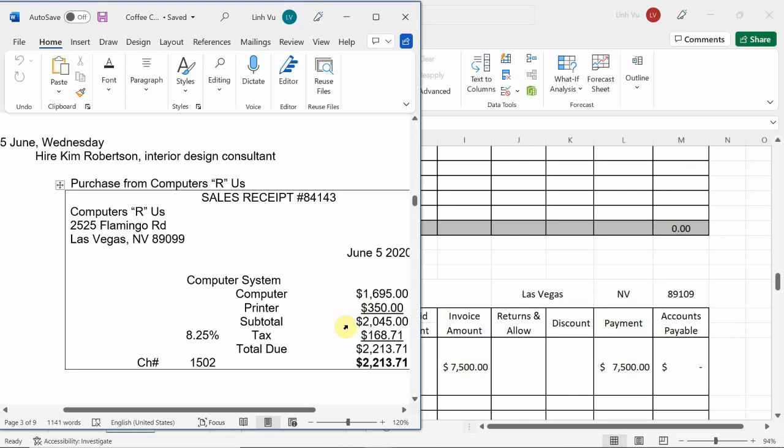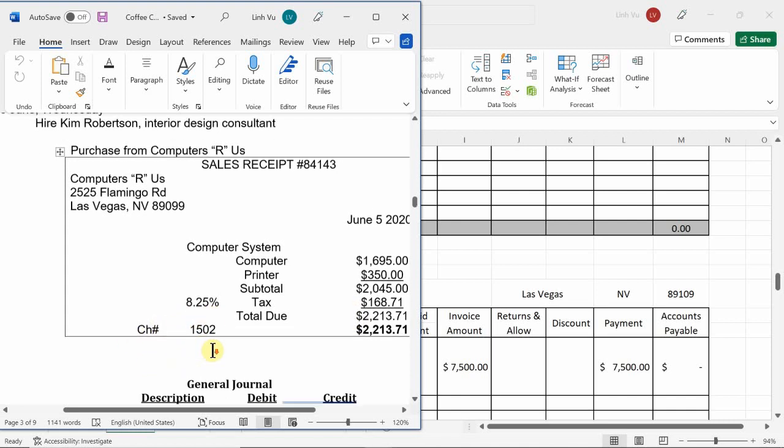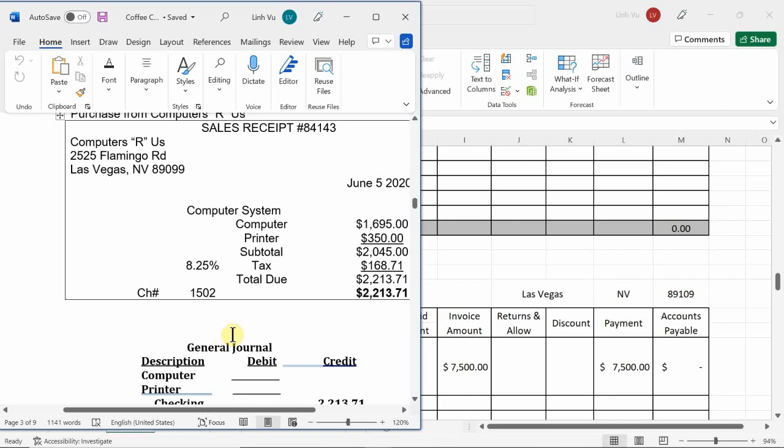Here is the total cost. Here is some sales tax that you're charged because you're buying something from the store, so you're obligated to pay sales tax. And here's the total amount due, $2,213.71. And here it says on the receipt that you end up paying with check number 1502.